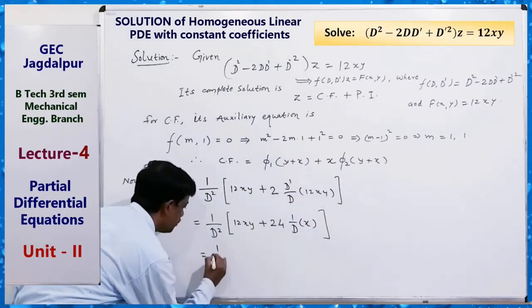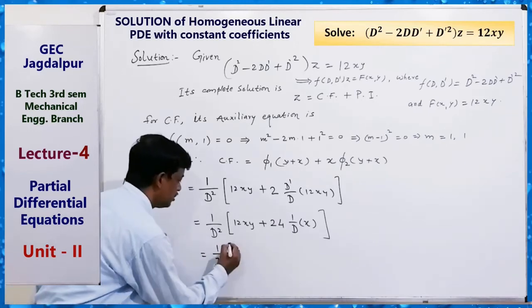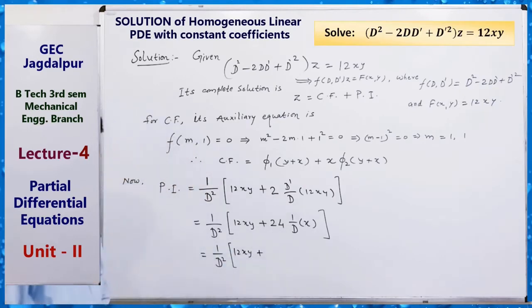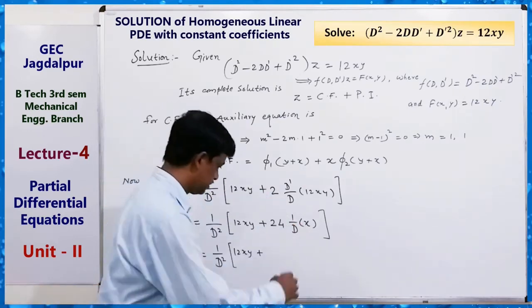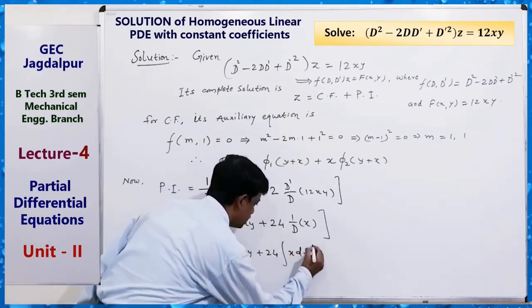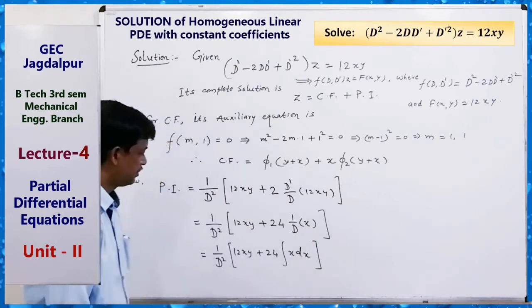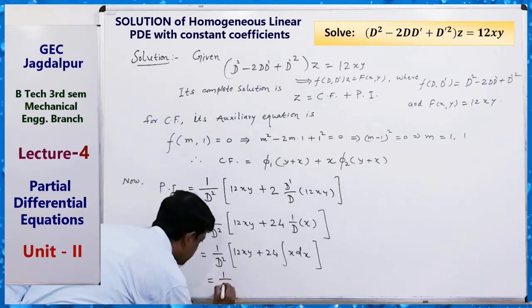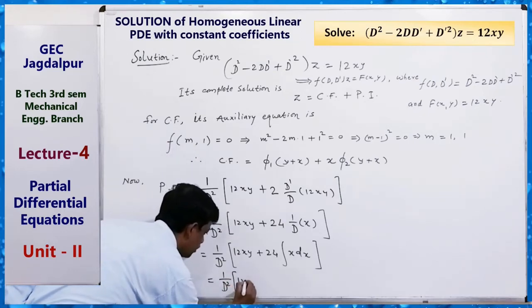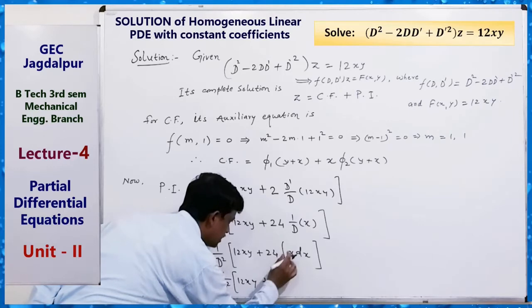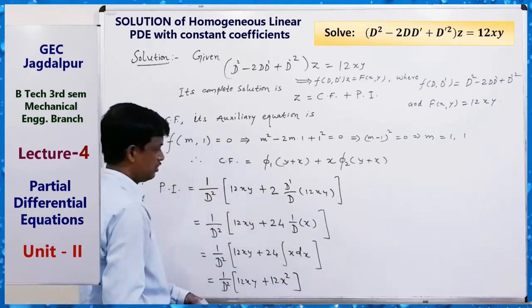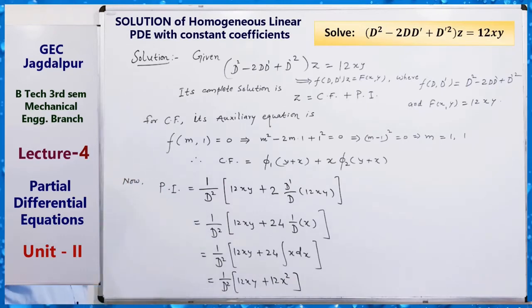This is equals to 1 upon D² of 12xy plus here 1 by D means integration of x, 24 integration of x dx. Okay, so we can write like this 1 upon D² of 12xy plus x²/2, means 12x². We are getting like this. Clear? Now we can solve it.